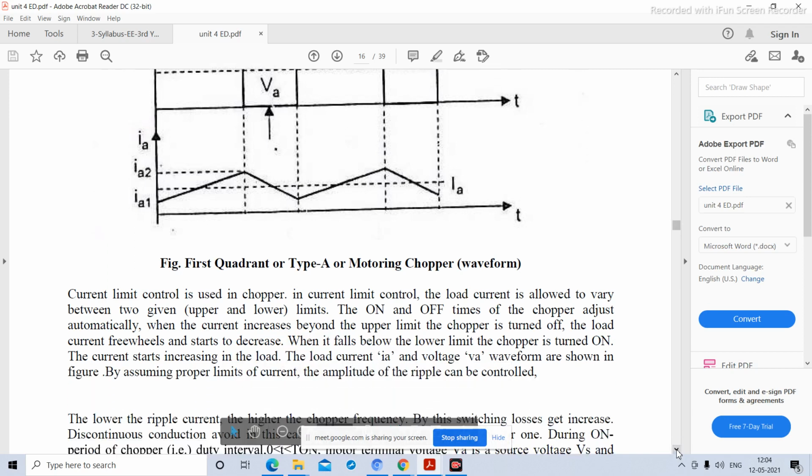When the current increases beyond the upper limit, the chopper is turned off and the load current flows through the freewheeling diode. When the current falls below the lower limit, the chopper turns on. The current starts increasing from IA1 to IA2.